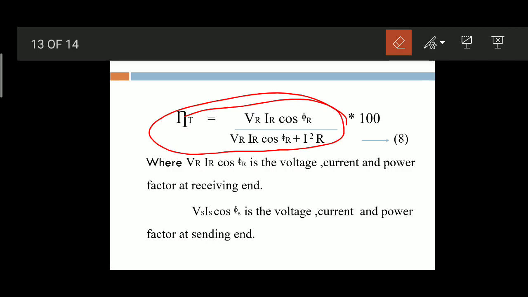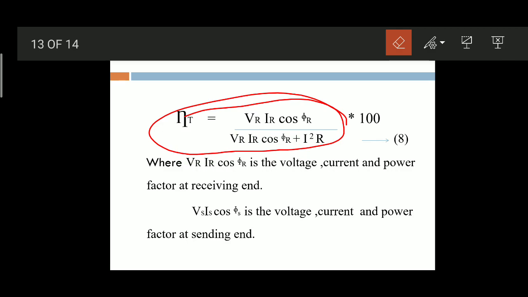By using these two formulas, we calculate the regulation and efficiency of the transmission line, and observe how much voltage drop is obtained.